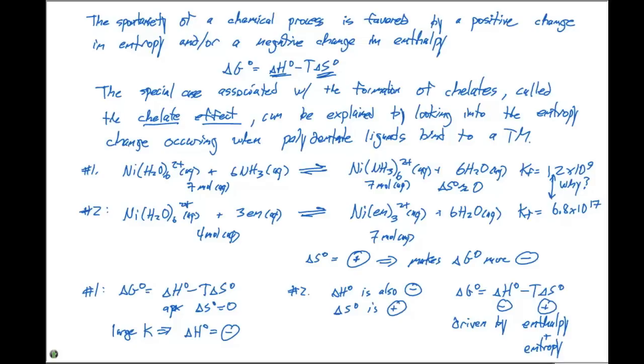In the case of scenario number 1, we know that this is driven by enthalpy, but not entropy. So we have an entropy term and an enthalpy term to look at.